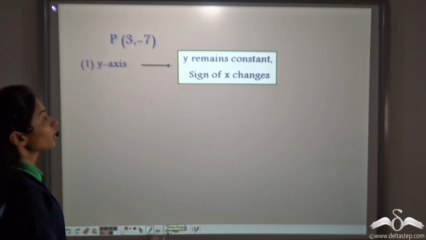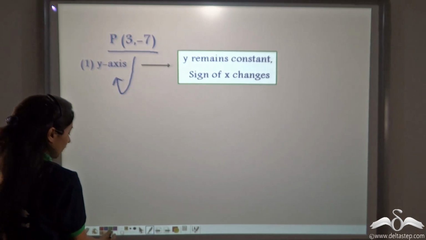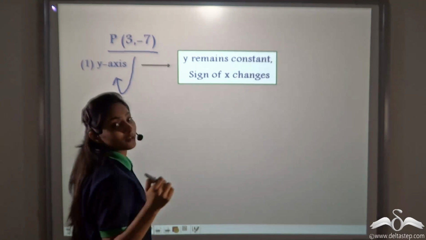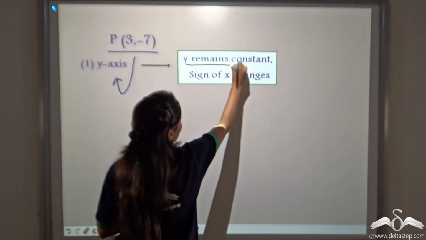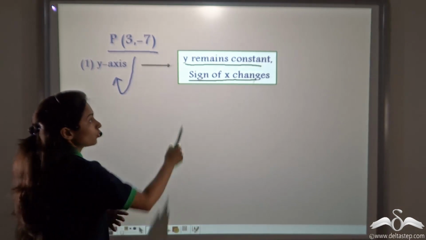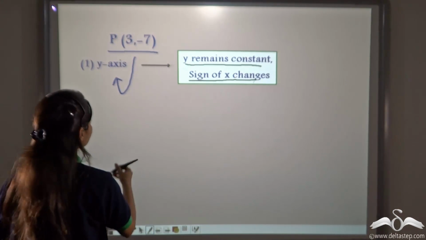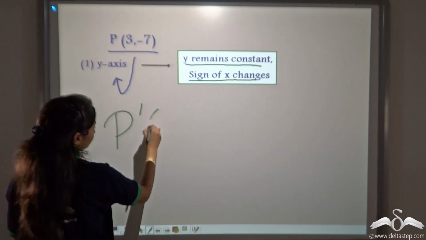Now what about when we reflect this point on the y-axis? You know that whenever we reflect a point on the y-axis, y remains constant while the sign of x changes. So this is about the coordinates. Let's write the reflection, say P dash.